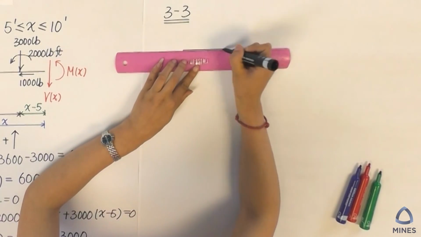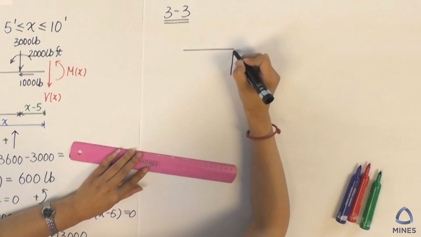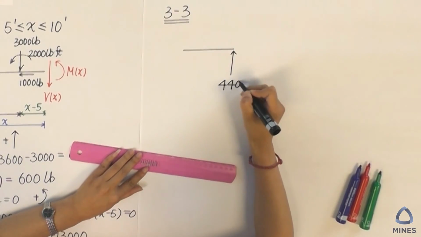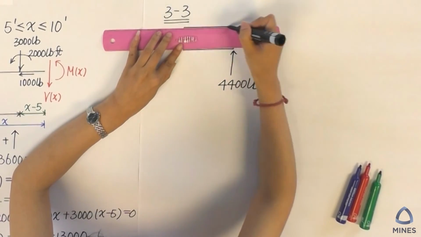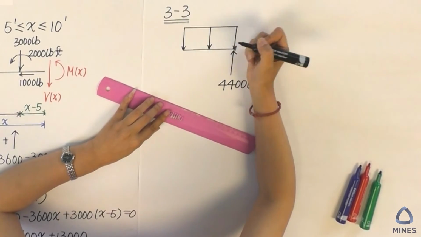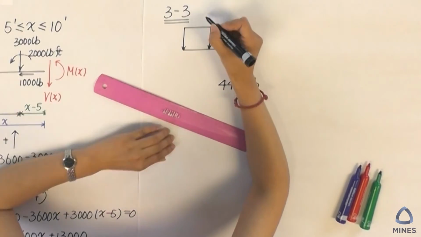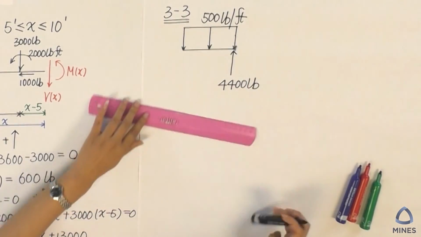So I highly recommend you to replicate whatever your eye can see. So we had a reaction force, and we also see the uniformly distributed load. The magnitude is going to be 500 pounds here.